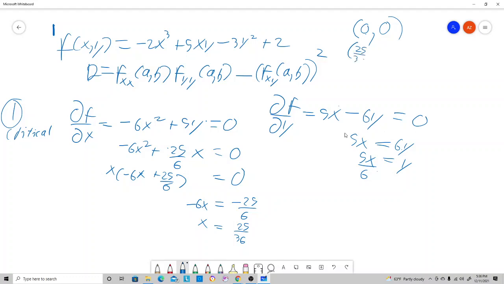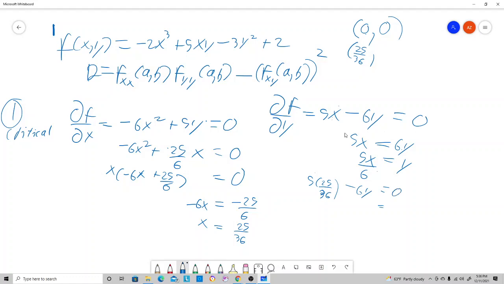Let's plug it back into the second equation. We could plug into either one; I'm just choosing this one because I think it will be easier. So we do 5 times 25 over 36 minus 6y, and we can figure out another y.